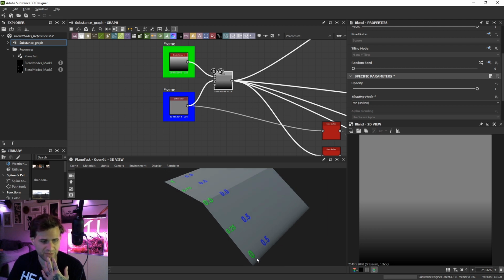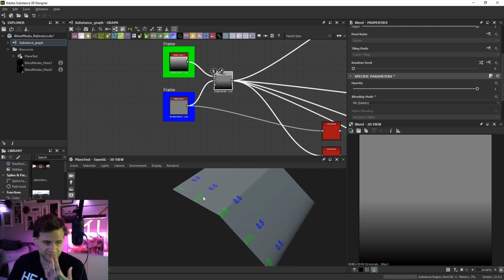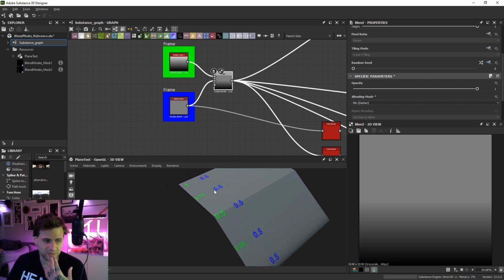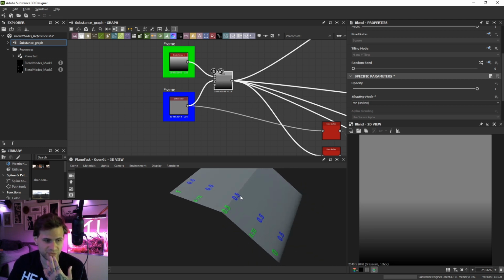And that's why we have this ramp from 0 to 0.5, because 0 comes through because it's darker than this. 0.25 comes through because it's darker than this. 0.5 comes through because they're both the same. But once we get to here, 0.5 is brighter than 0.75, so we start evening it out here because this is darker than this now, so we'll stay 0.5.